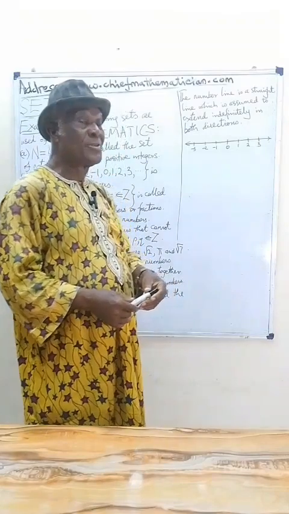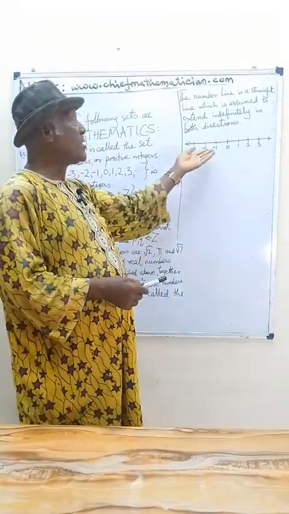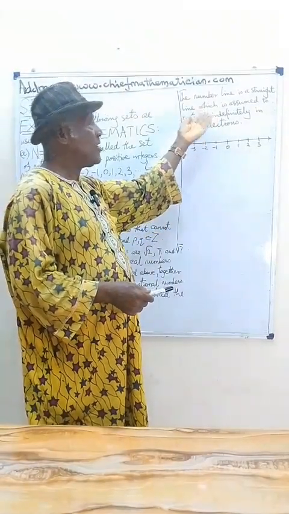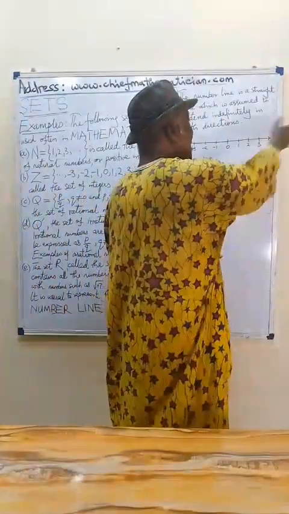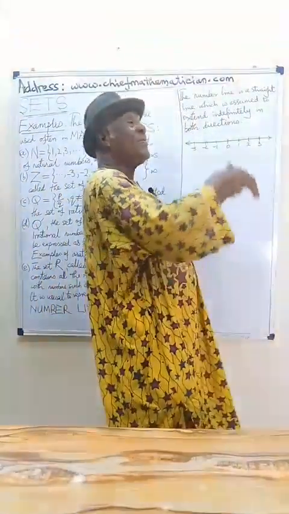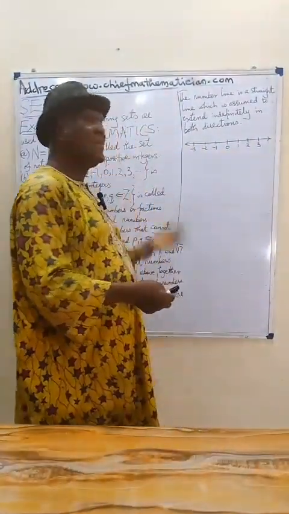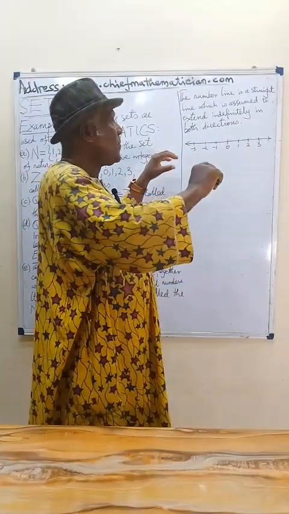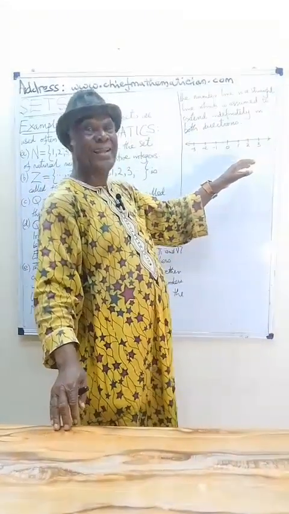And it is interesting to note that you cannot list the elements of a number line. Because if you continue counting, it is indefinite. It is infinite. You continue counting negatively, it is infinite. But we use something like this to illustrate the number line.